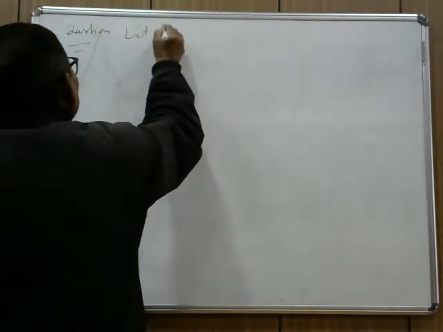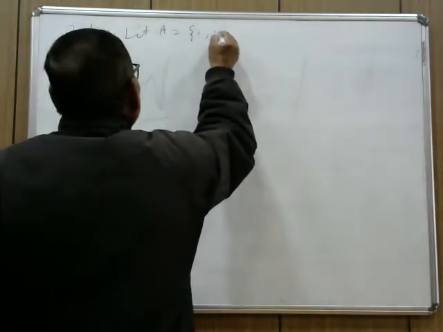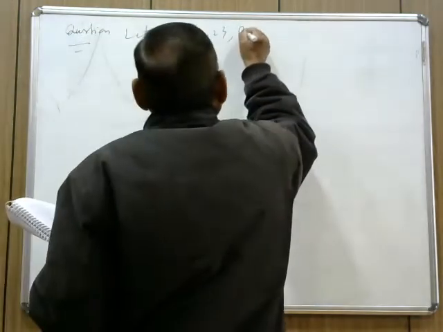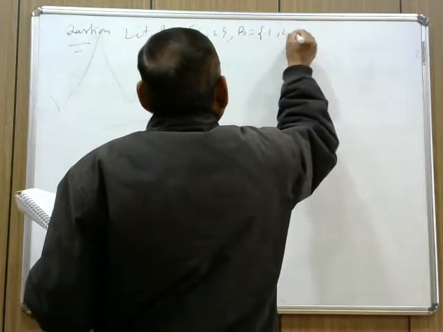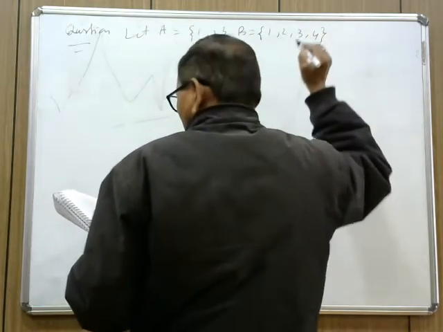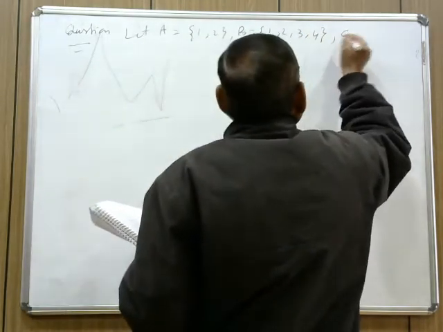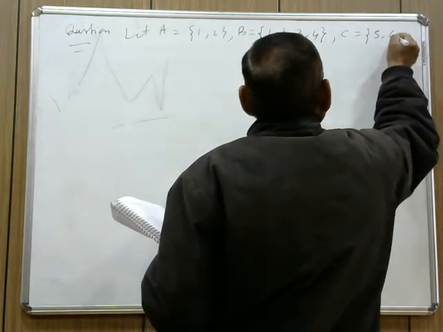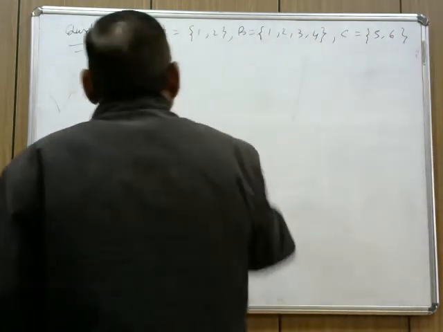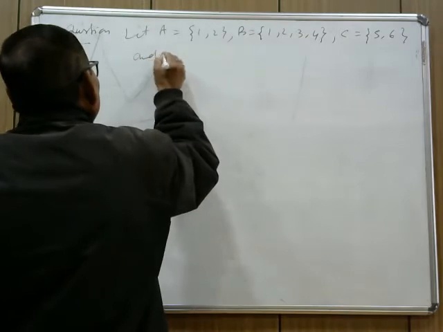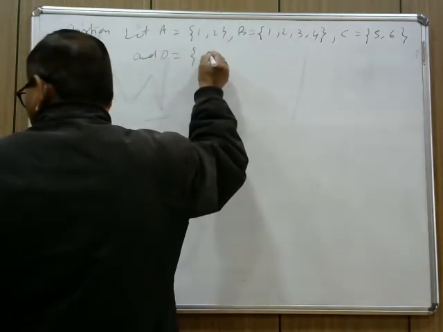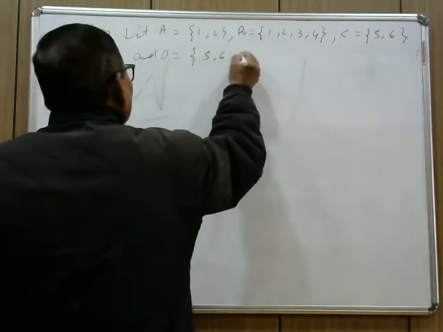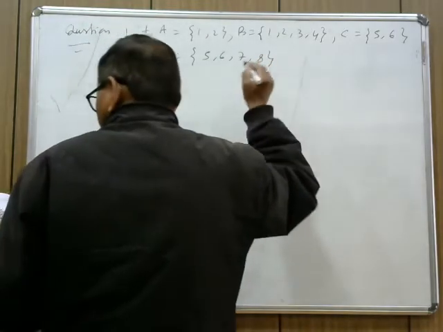Let set A equal {1, 2}, set B {1, 2, 3, 4}, set C {5, 6}, and D equal {5, 6, 7, 8}.